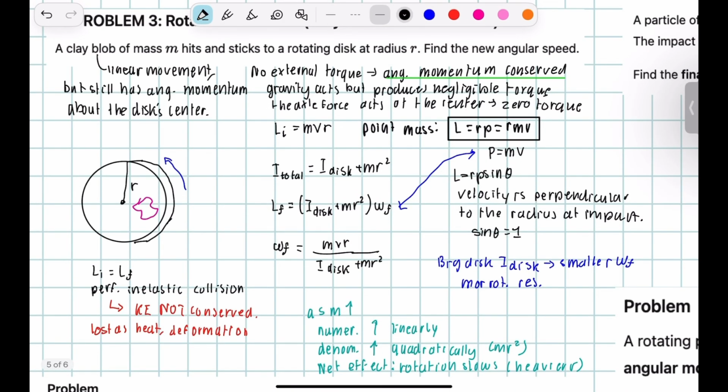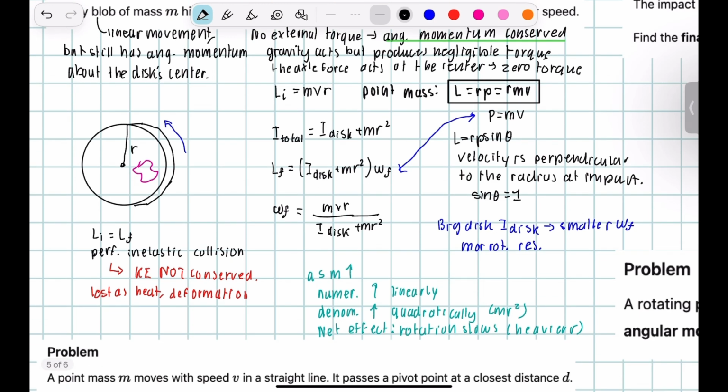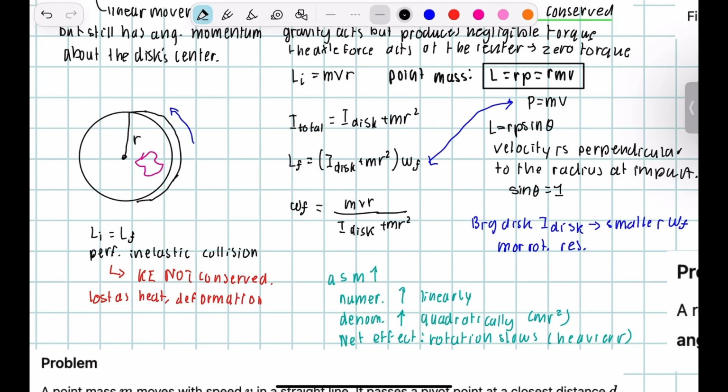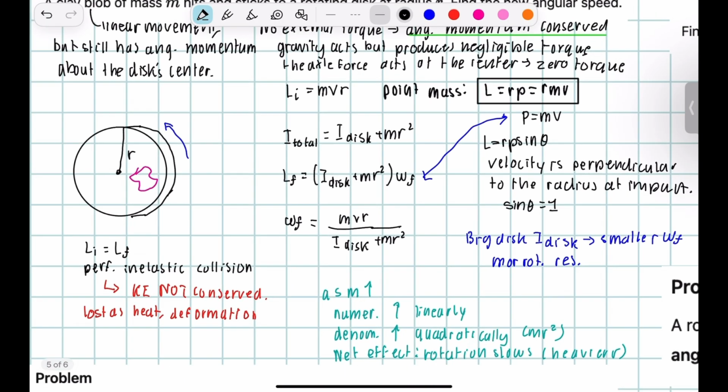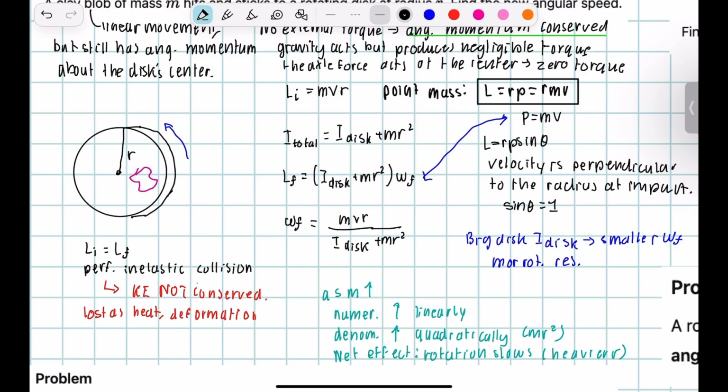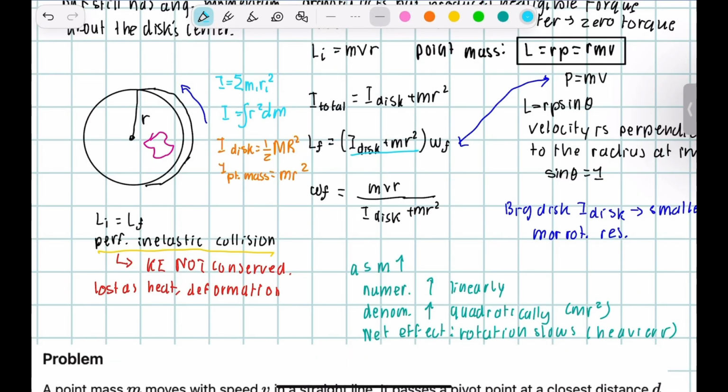To continue on that explanation, the clay blob will move linearly when you throw it. It's going to be a straight line, but it still has angular momentum about the disk center. Earlier we wrote that angular momentum is conserved, so Li is equal to Lf. And this was a perfectly inelastic collision again, because they combine and become one mass. Then we have the definition of the moment of inertia, which is a sum of the masses times the radius squared, or you could integrate that.